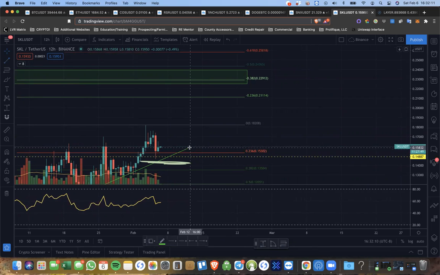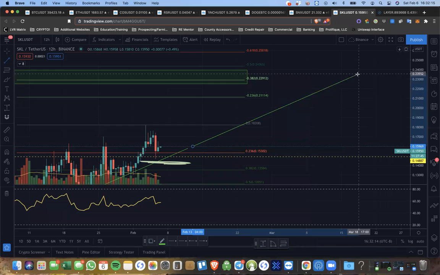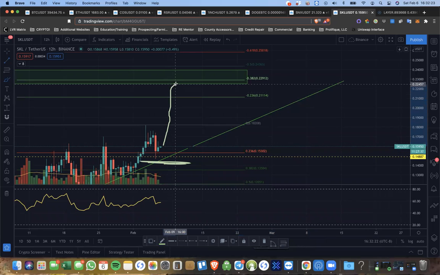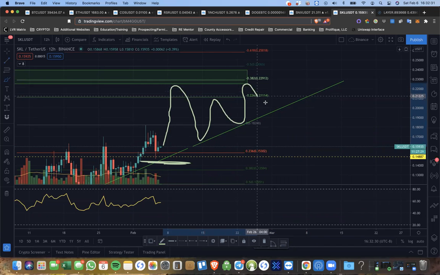Say it continues this way up to the neckline. I'll show you guys some price action here. Come down, boom, touch. Come up, probably get touched again. Come up here, touch it again.